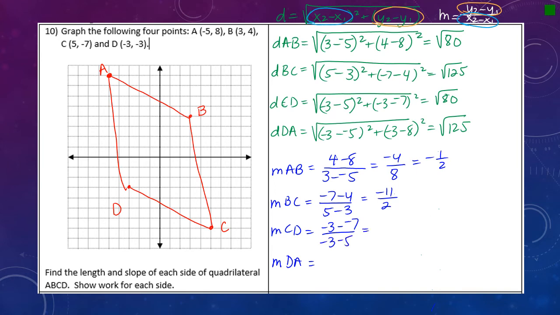Negative 3 minus negative 7 comes out to be positive 4, and then that would be negative 8 for the denominator, which reduces to negative 1/2. And last but not least, for DA, I would have negative 3 minus 8 over negative 3 minus negative 5. So this turns into negative 11 over positive 2. So those are my 4 distances and my 4 slopes, and that's all this problem is asking so far.